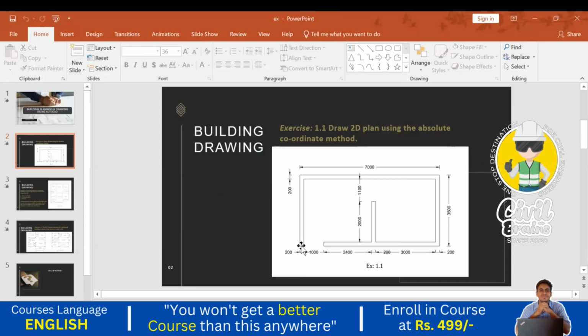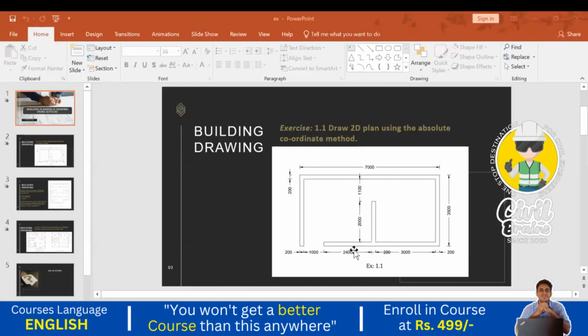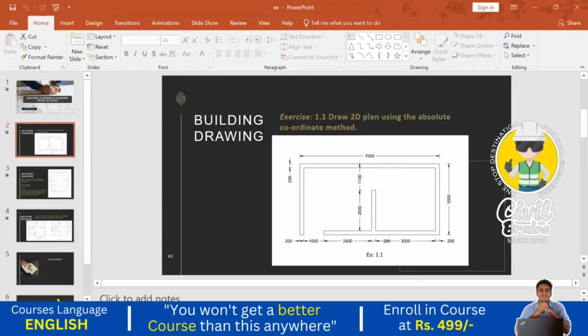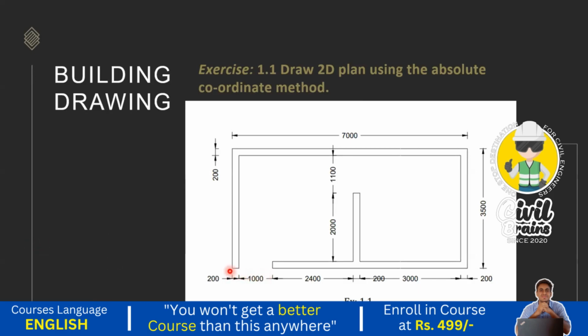So the first point, the lower left corner. What is the lower left corner? That is this point. You can consider it 0 comma 0. From here we can consider 0 comma 0.